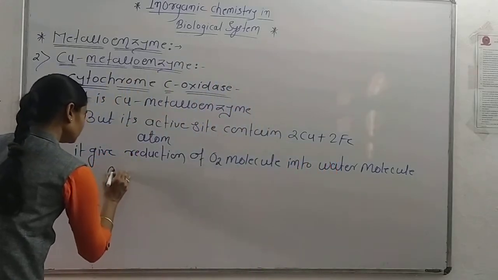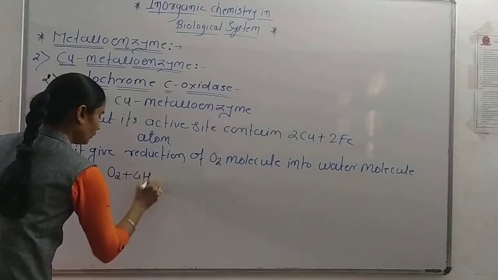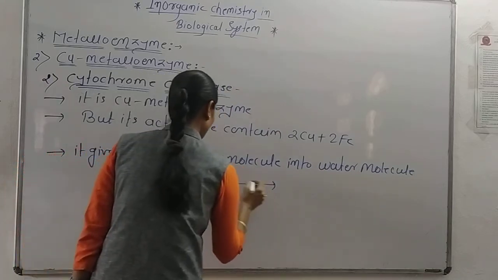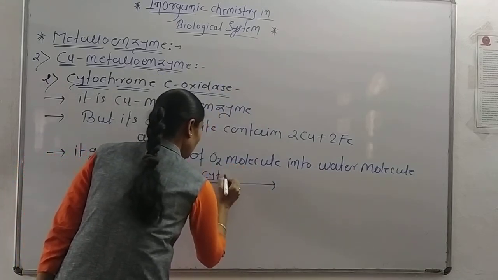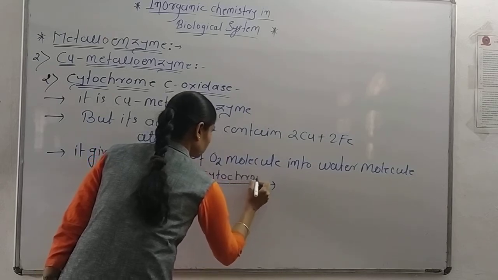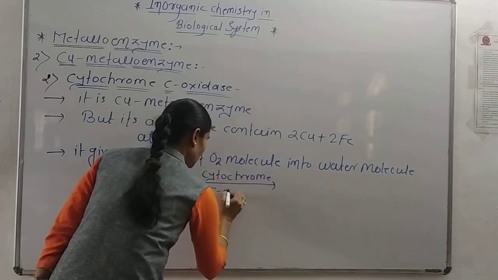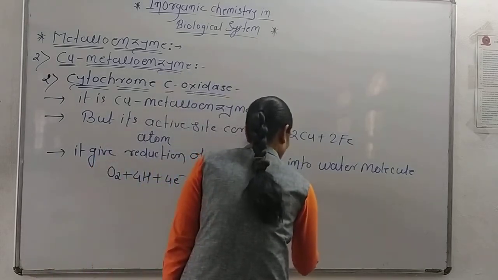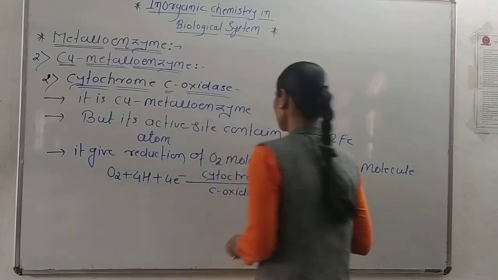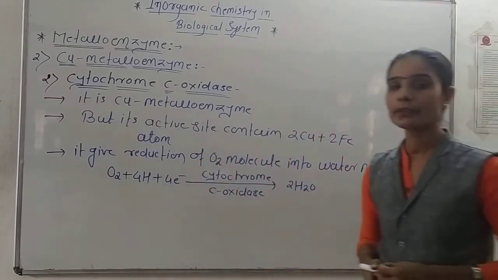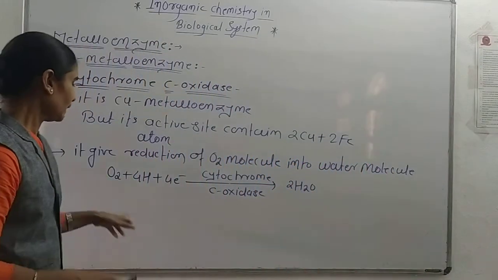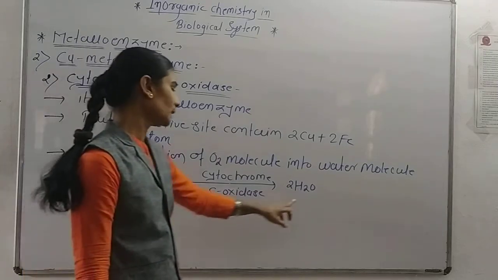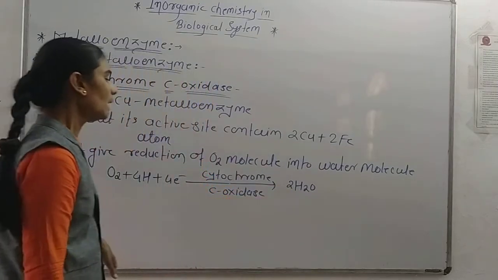So the reaction is oxygen plus 4 hydrogen plus 4 electrons, and with the metalloenzyme cytochrome C oxidase it gives 2H2O. So this is the main function of cytochrome C oxidase: the reduction of oxygen molecule into water molecule.